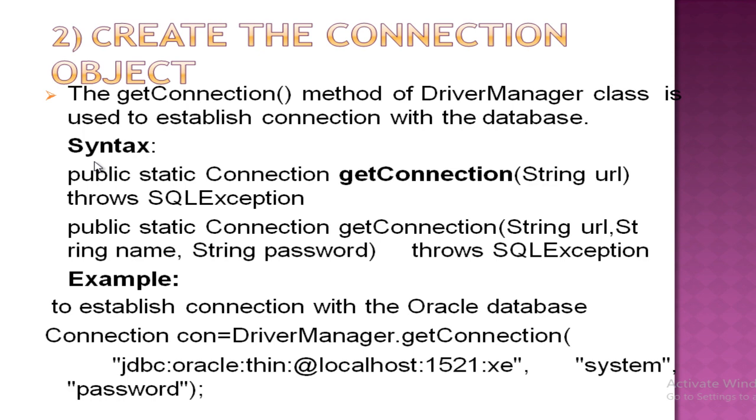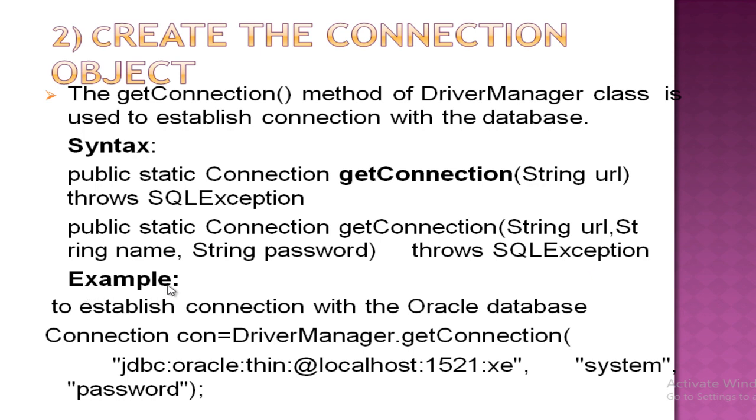Here is the syntax: public static Connection getConnection(String url) throws SQLException, and public static Connection getConnection(String url, String name, String password) throws SQLException. If there is any exception with the URL, name or password, it will be caught by the SQLException.